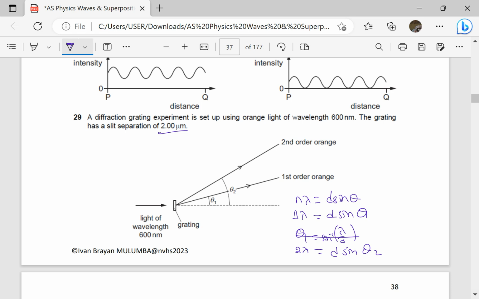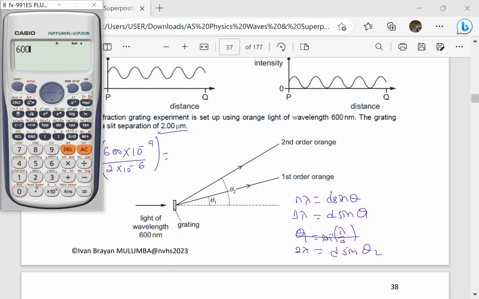Oh, d was given. D is given. So for the first one, theta 1 is going to be lambda, which is 600 nanometers, that is times 10 power negative 9, divided by d, which is 2 times 10 power negative 6, then sine inverse. So 600 exponent negative 9 divided by 2 exponent negative 6. So sine inverse of the answer.